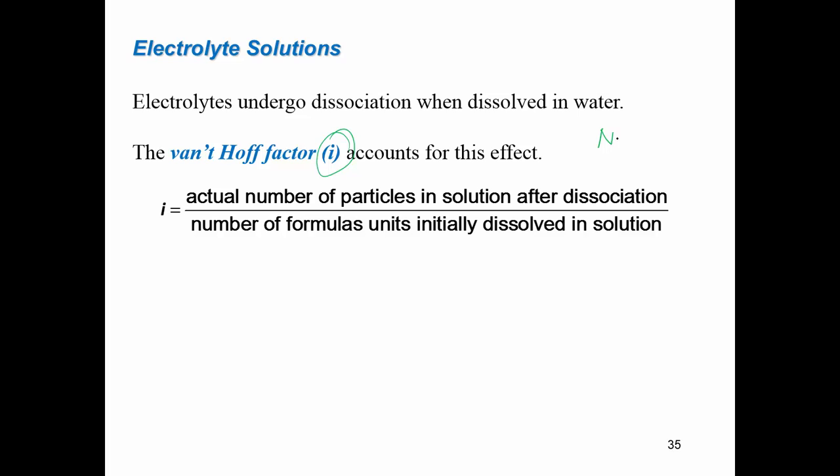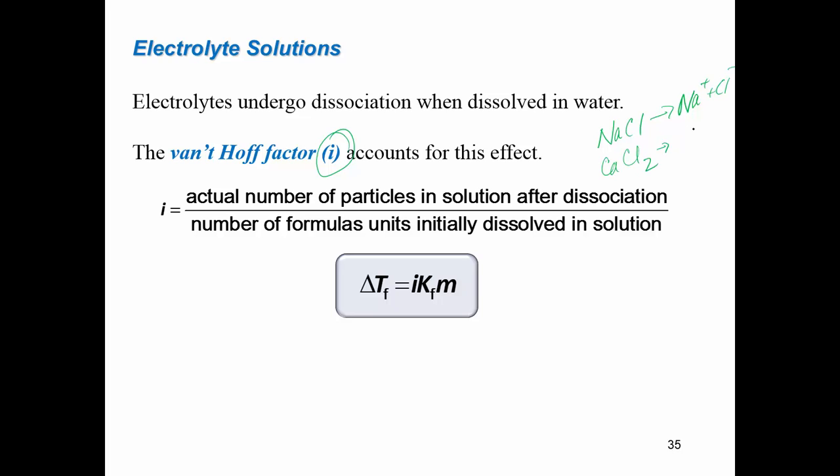So NaCl dissociates into sodium and chloride, that's 2 particles. And something like, how about calcium chloride actually would dissolve into 3 particles. See how that works? So that's the actual number of particles, and then the number of formula units initially dissolved in solution.